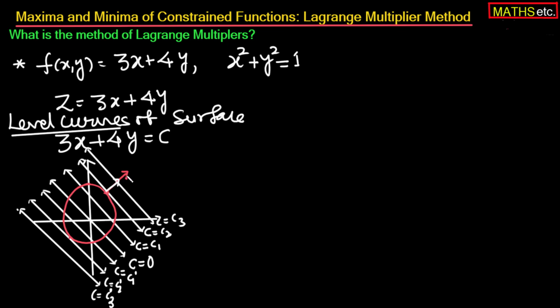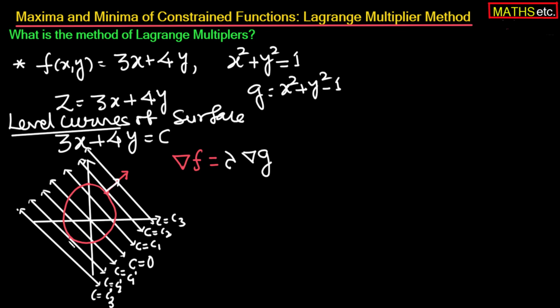And we know that the normal vector to any curve is given by the gradient. So the normal vector to this level curve c = c2, given by the gradient of f, is in the same direction, so it equals some multiplier lambda times the gradient of g, where g represents the function x² + y² − 1.